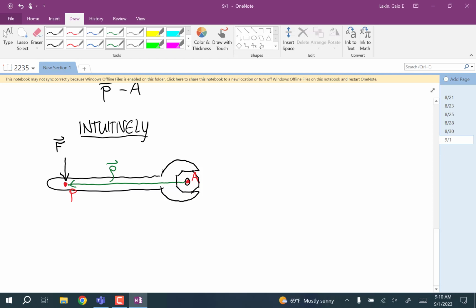And if you apply that force where it points straight through the about point, then you might rip the bolt off the wall, but you'll never make it turn. It doesn't tend to turn at all without a moment arm rho. Okay.